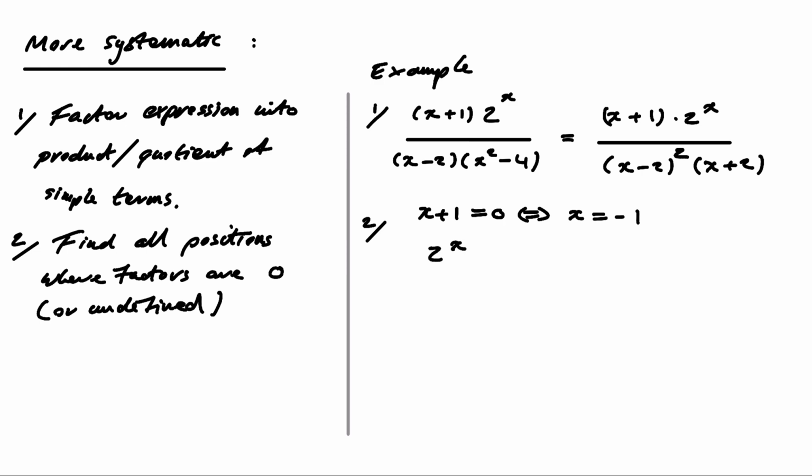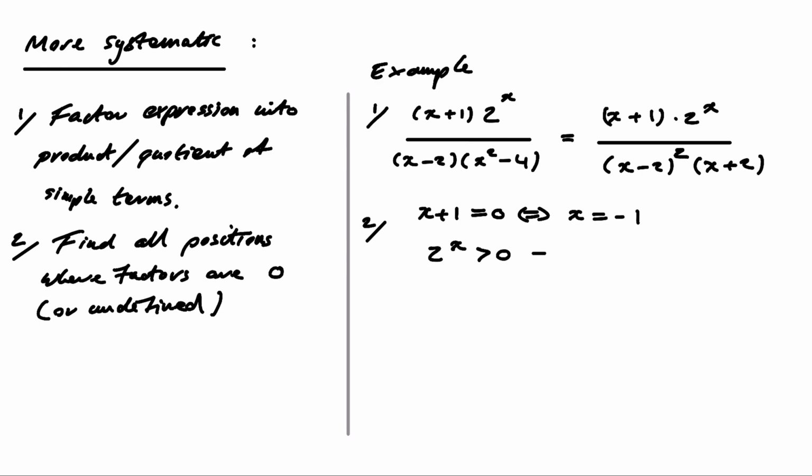2 to the x, so this is a good one, right? What you shouldn't do here is set this equal to 0 and then start doing algebra. You shouldn't do that because you should understand that it doesn't matter what x you choose. This is always greater than or equal to 0. Right? 2 is greater than 0. So by definition of exponents, 2 to the x is always strictly bigger than 0.